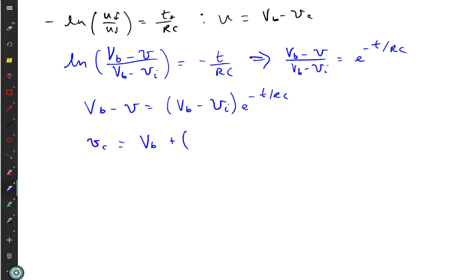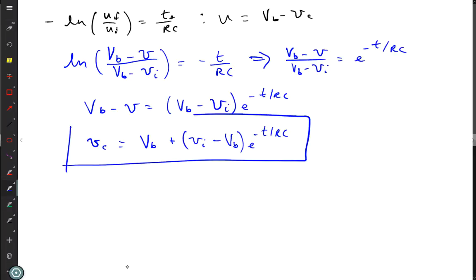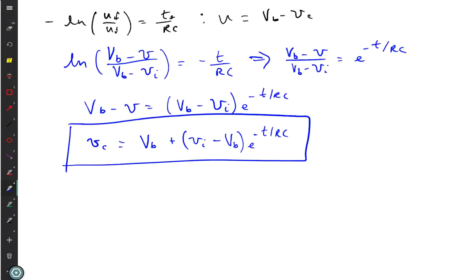Instead of writing a negative, I'm just going to reverse which one's negative inside. So I'm going to put the V initial first, and then the VB final. And that's the equation that tells me how the voltage is going to change with time across my capacitor.